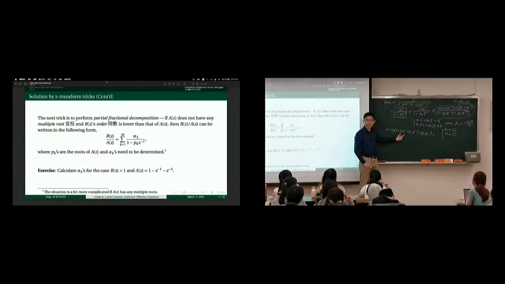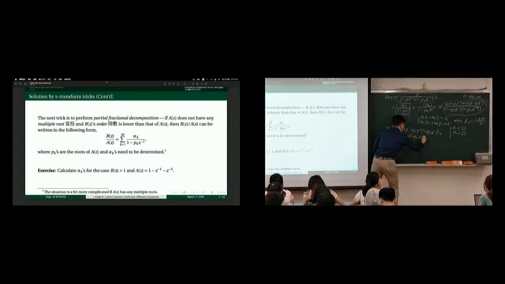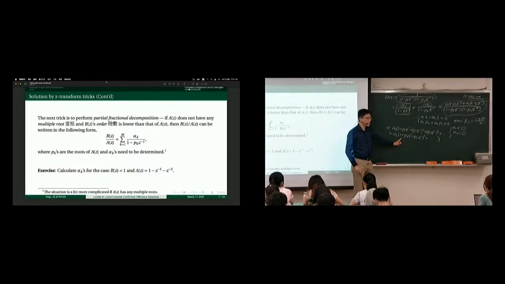This common ratio must have an absolute value of less than 1. Okay, let's worry about that later. But if this converges, it converges to this expression, right? So that's for the first term. For the second term, similarly, plus alpha 2 times 1 plus P2 Z inverse plus P2 Z inverse squared and so on, infinitely, right? If this power series converges, it converges to this expression.